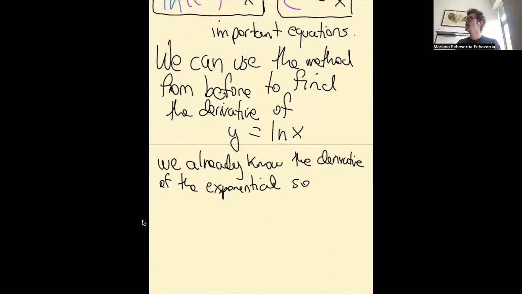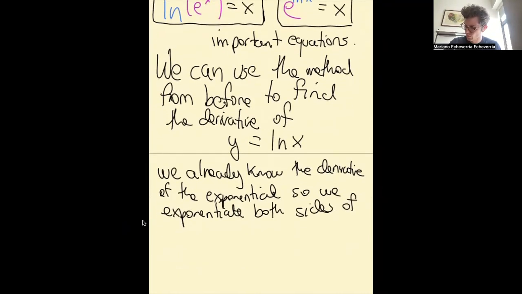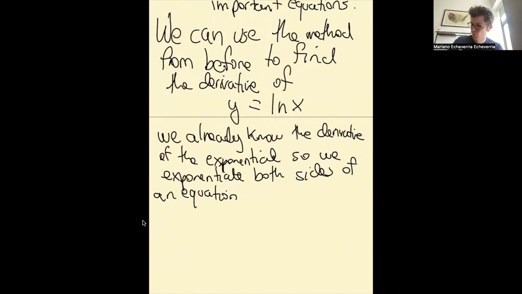There's another thing you can do with an equation, which you may have done in the past: you can exponentiate both sides of an equation. So you do e to each side of the equation. e to the y has to be the same as e to the ln of x.